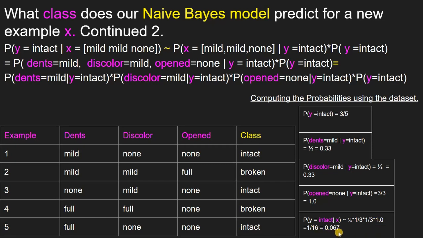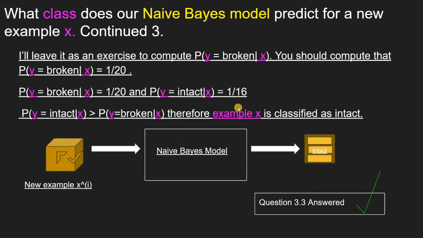And that's equal to 1/15, or 0.067. Right, so now we've successfully computed the probability of Y equaling intact for our example, or for our box that we received. All right, and let's move on.